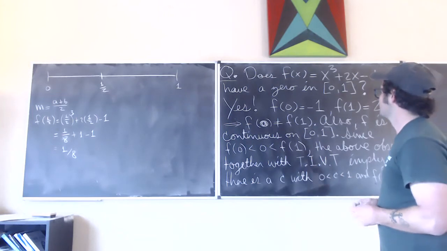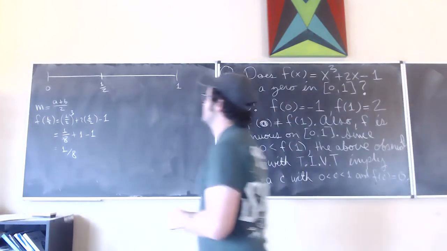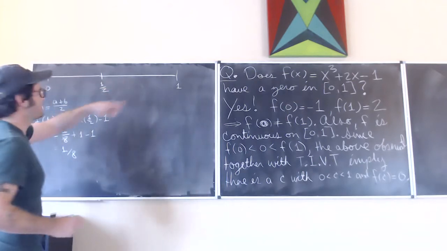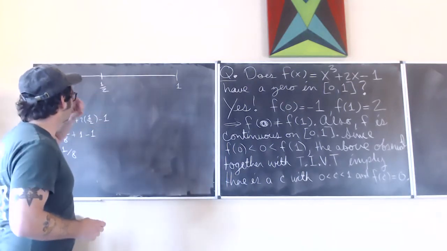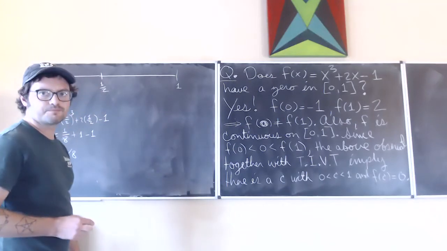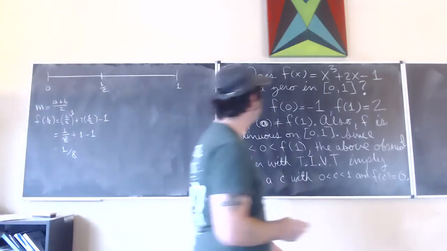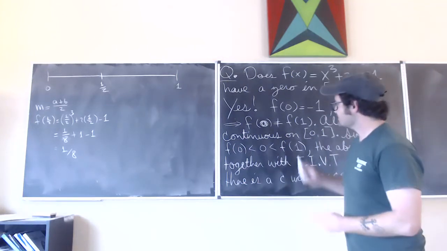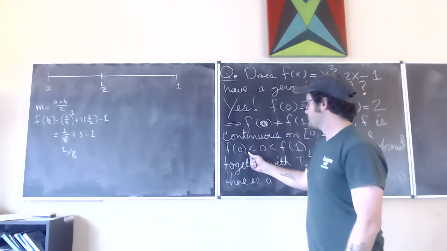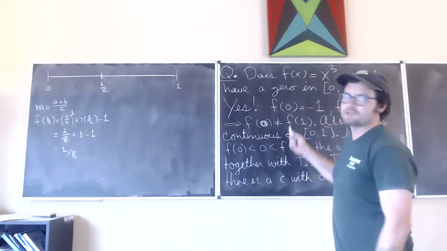So let's look to the left and the right of this midpoint. Well, actually, we don't have to. We know something: f of 0 is -1, right?